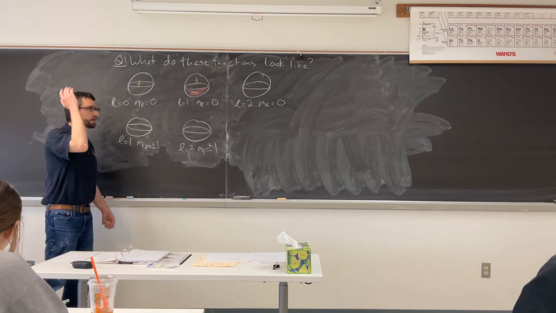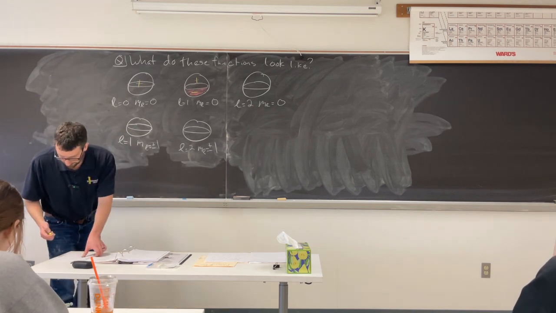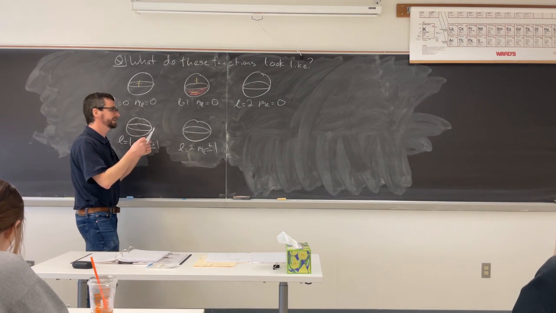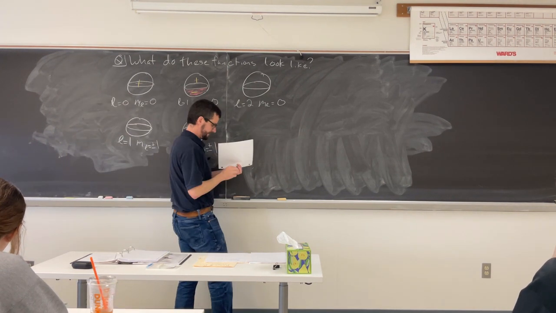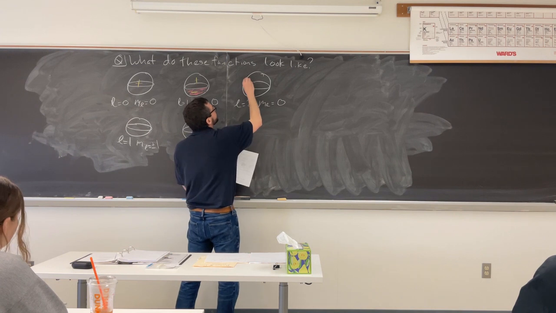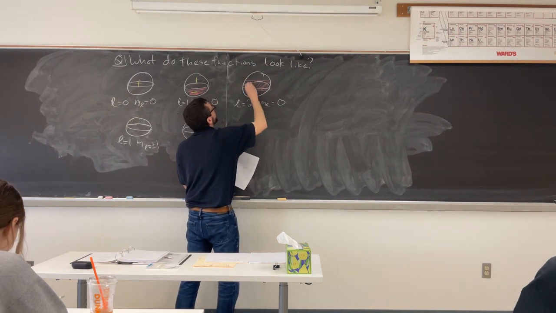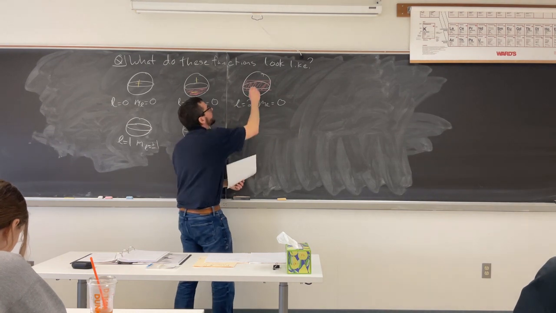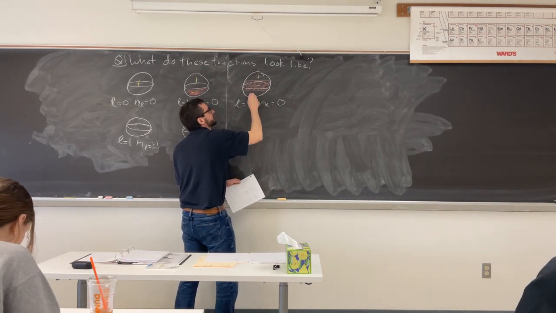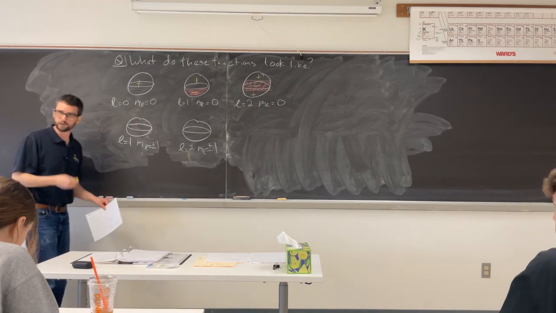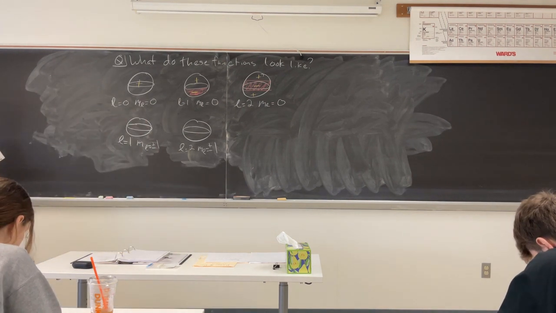Yeah, along that way. And I'm going to try my best to draw this. Kind of down the middle. We have negative, positive, positive. So we've introduced a new set of nodes.